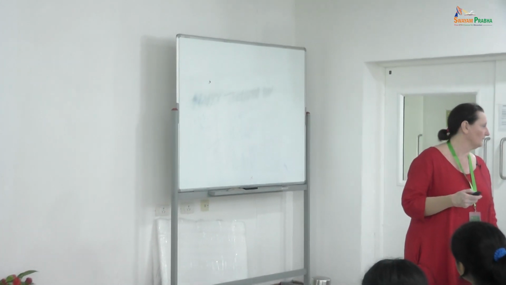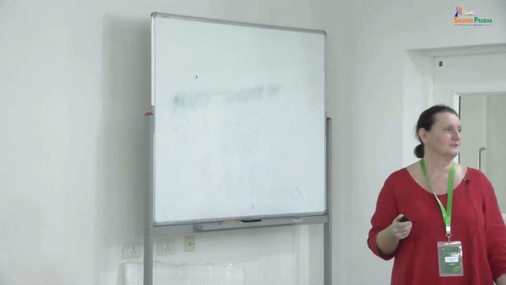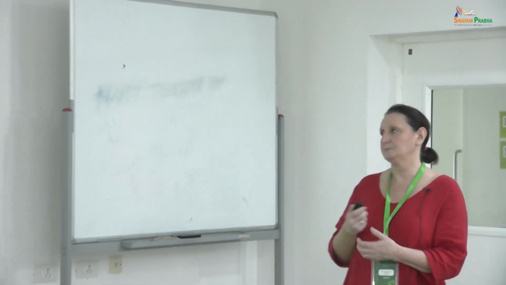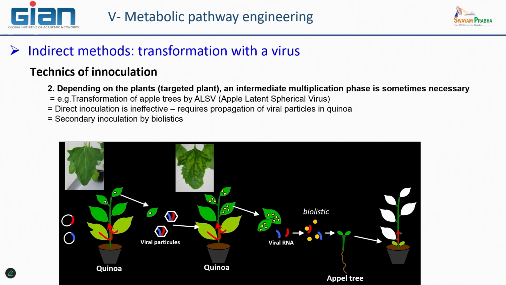It is quite difficult to infect the apple tree directly with a virus particle, because we need a large amount of particles, as this plant is not so sensitive to virus. Perhaps the plant has its own defense mechanisms that can limit the proliferation of the virus.